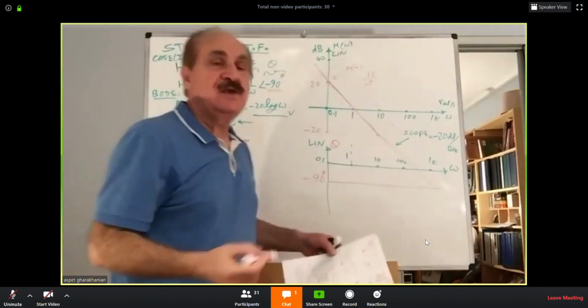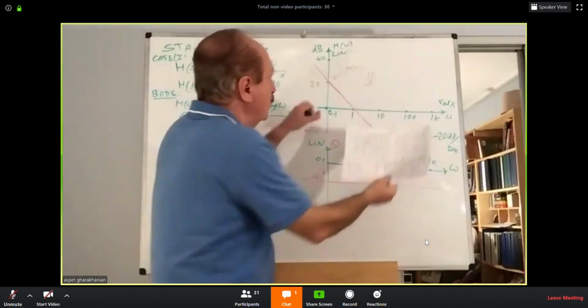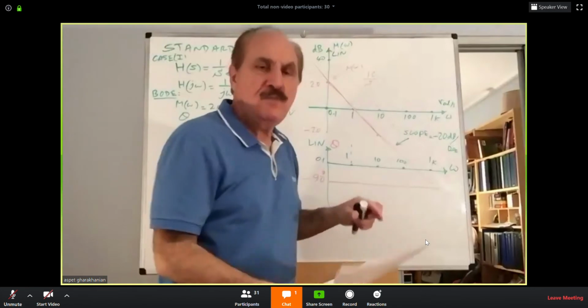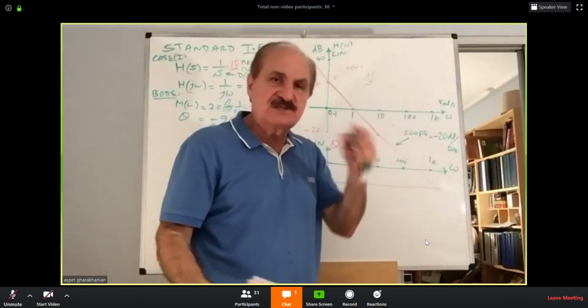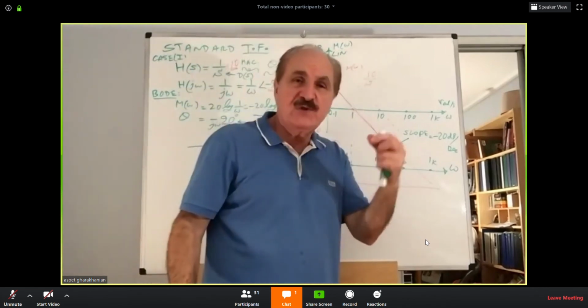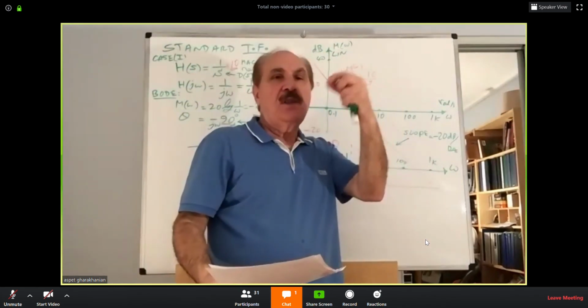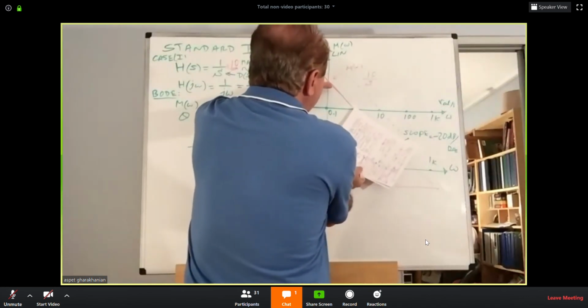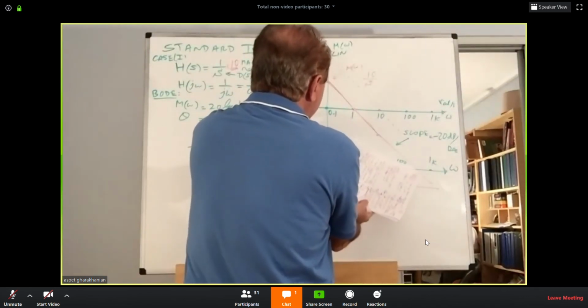So simply the constants will cause the magnitude curve to shift up, or even shift down if it was less than 1. For example, instead of 10, if you had 0.1, log of 0.1 will be minus 20 dB. So you need to take that line and shift it down by 20 dB.